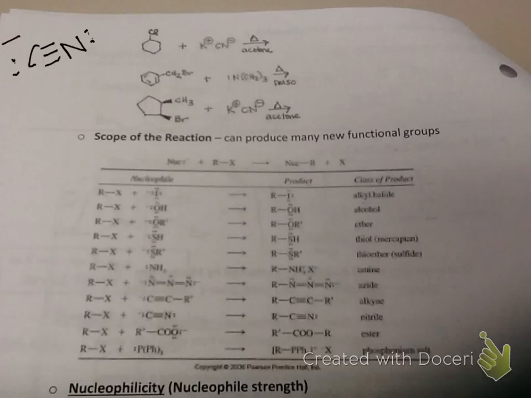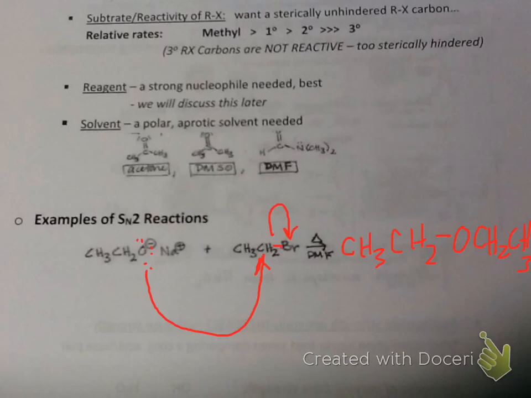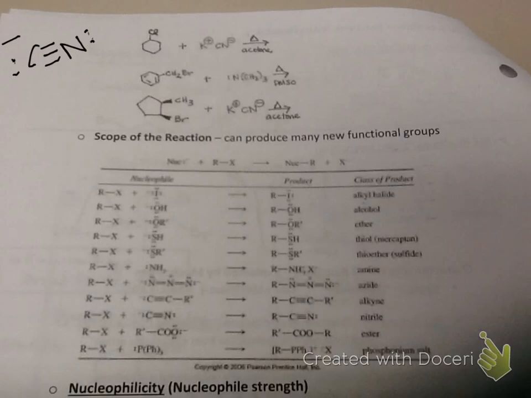Let me try to redraw that. Here. So the carbon of cyanide has a negative charge. So that is our nucleophilic atom right there. And the carbon, with its pair of electrons, will bond to the electrophilic carbon of the alkyl halide.